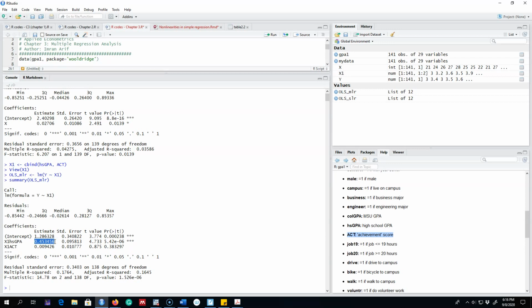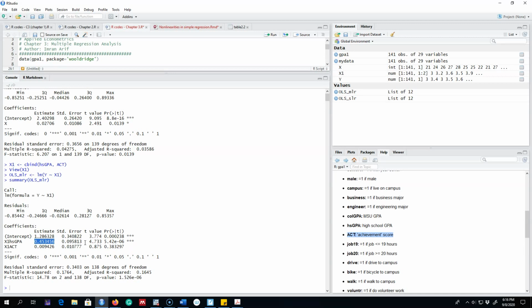Okay, so look at this high school GPA parameter. It's 0.45. So what is the interpretation of this coefficient? Again, holding ACT fixed, another point on high school GPA is associated with a 0.45 point increase in the college GPA.